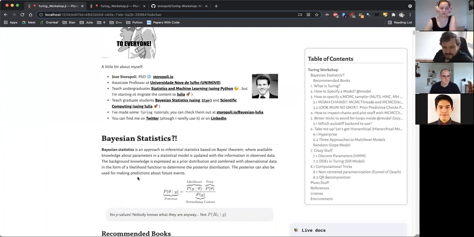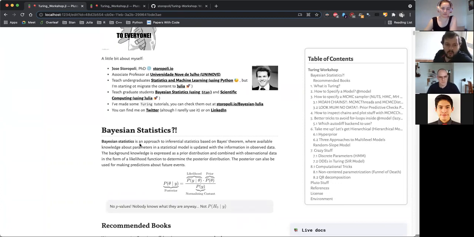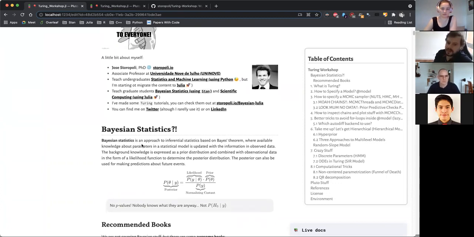Just a quick recap: what is Bayesian statistics? It's an approach, a very good, intuitive approach towards statistical inference, that uses Bayes' theorem, where you have some prior distribution over a parameter theta, and you combine it with the likelihood of your data given your parameters.